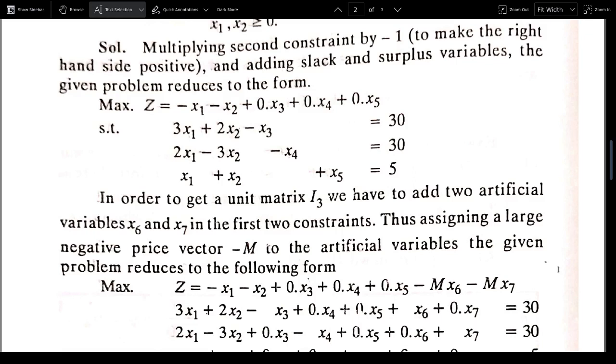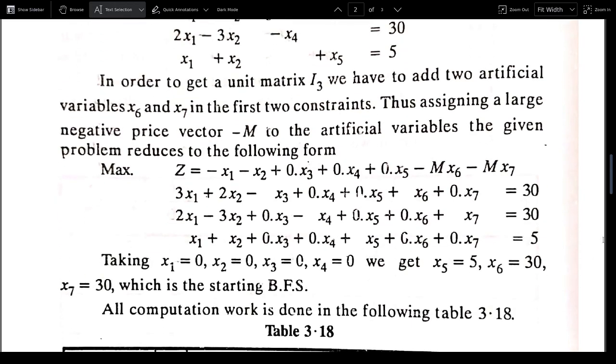When you use a surplus variable, you also immediately use an artificial variable. Why do we use the artificial variable?